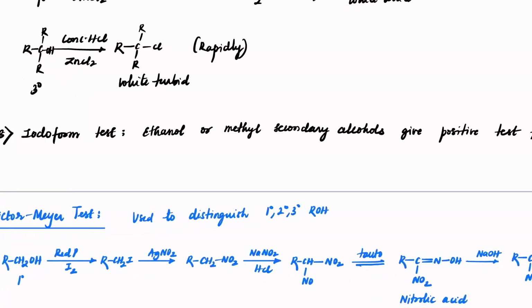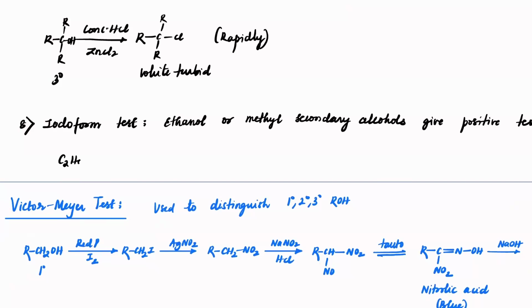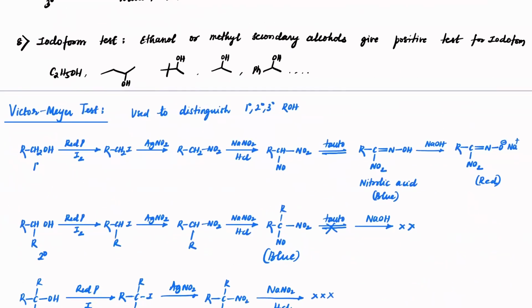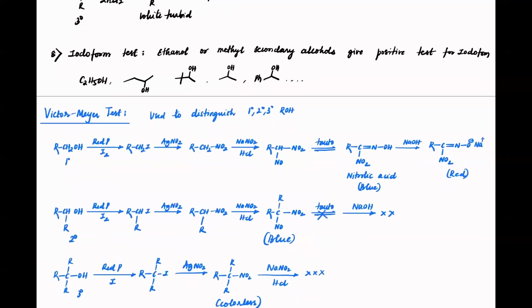Okay. Examples: C2H5OH, any alcohol like this, as long as it is not tertiary. Alcohol like this, even if you have Ph, OH like this. So these are all going to be positive iodoform tests, right?